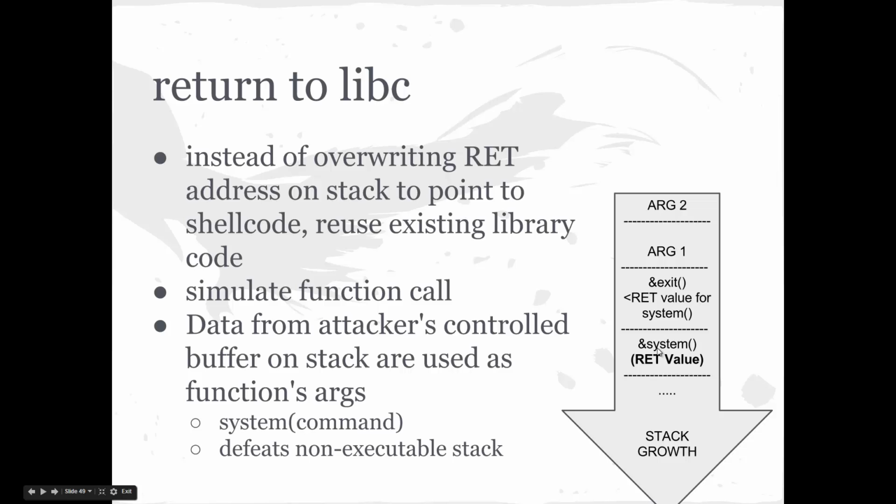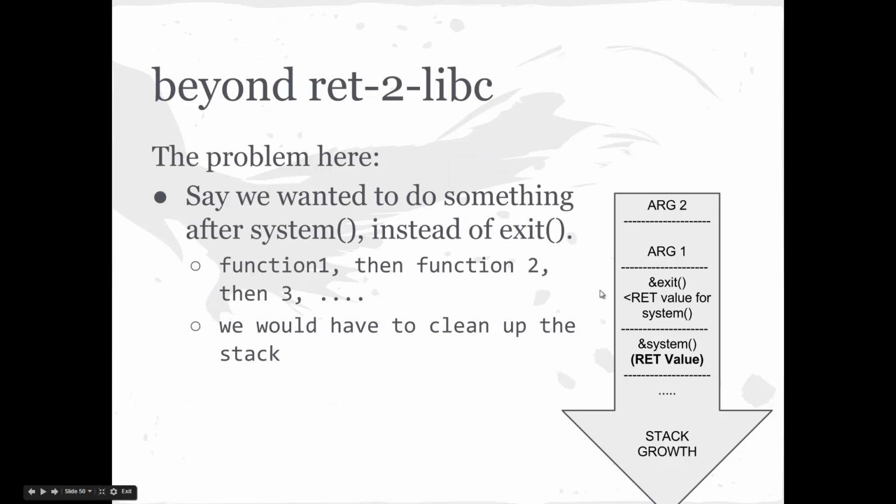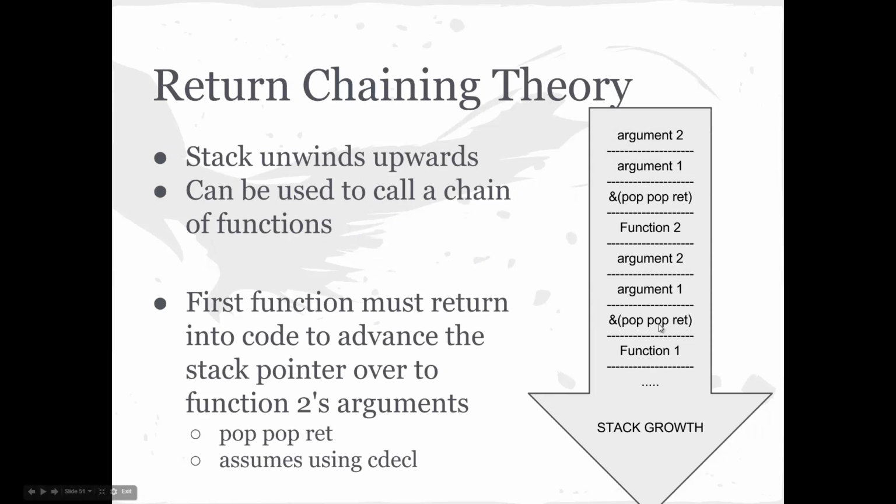And obviously that's going to mess things up. It's very unlikely that we're going to be able to pass something to one function and just cannibalize the arguments. So what we do here in ROP, in order to clean up the stack, is pass the return address for a given function to a gadget that's going to clean things up for us.